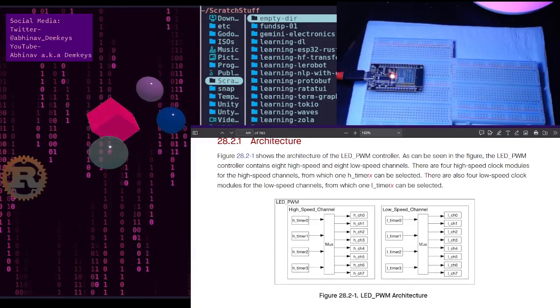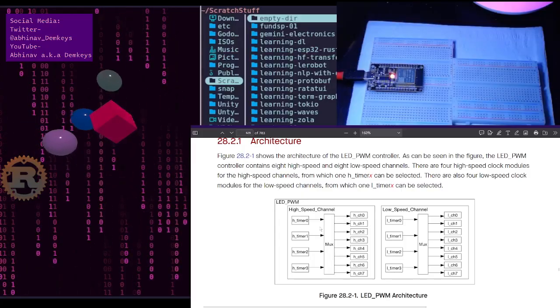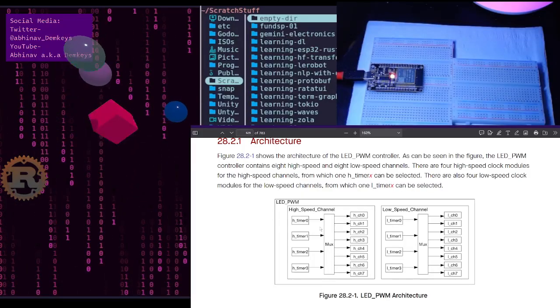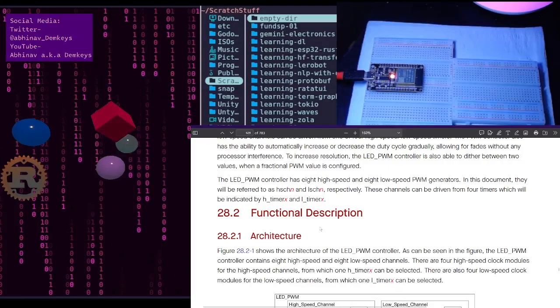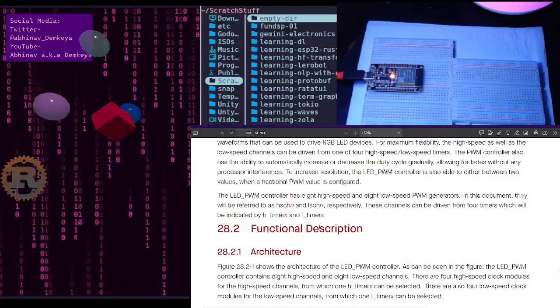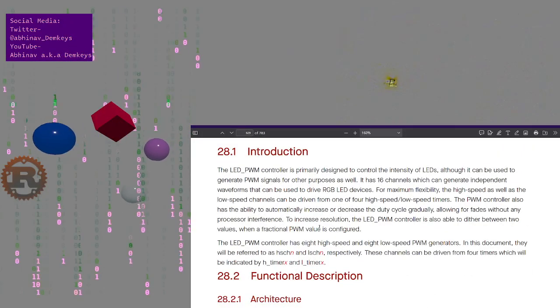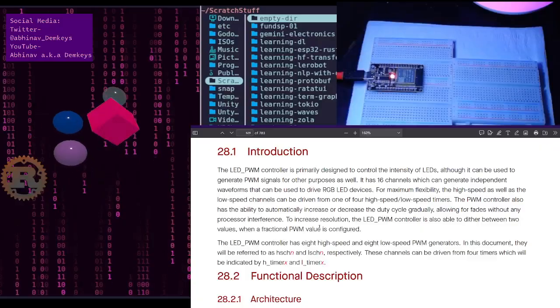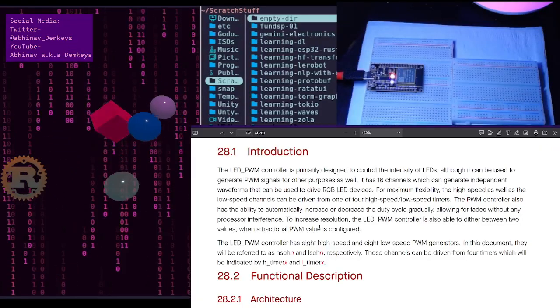But yeah, speaking of PWM, we're supposed to be reading this. Okay, up here. Okay, for maximum flexibility, the high speed as well as the low speed channels can be driven.